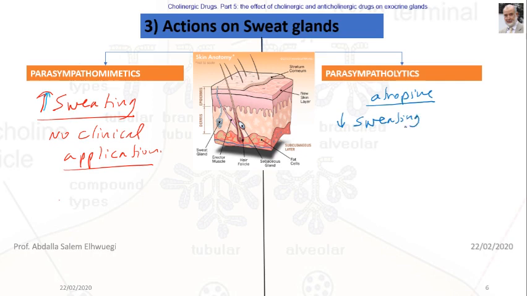So what will happen by decreasing sweating? That means the skin will become very dry, hot skin. When you touch the skin, you find it hot and dry, and as well they will increase the core body temperature.